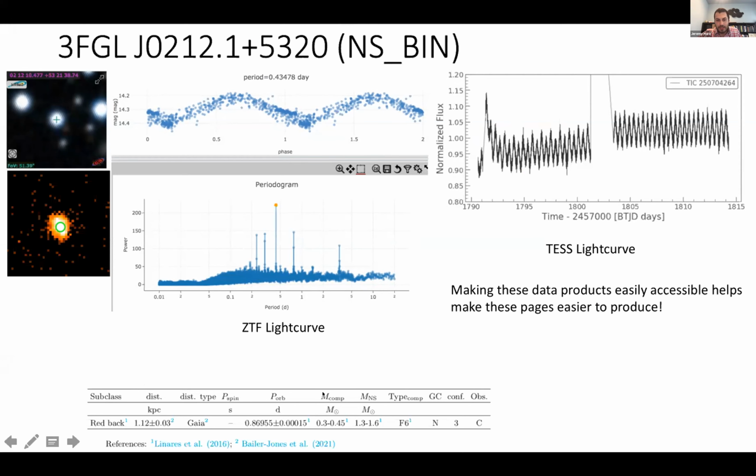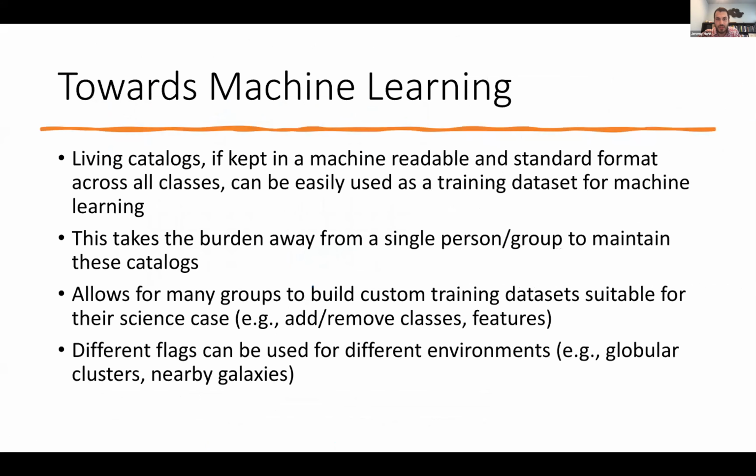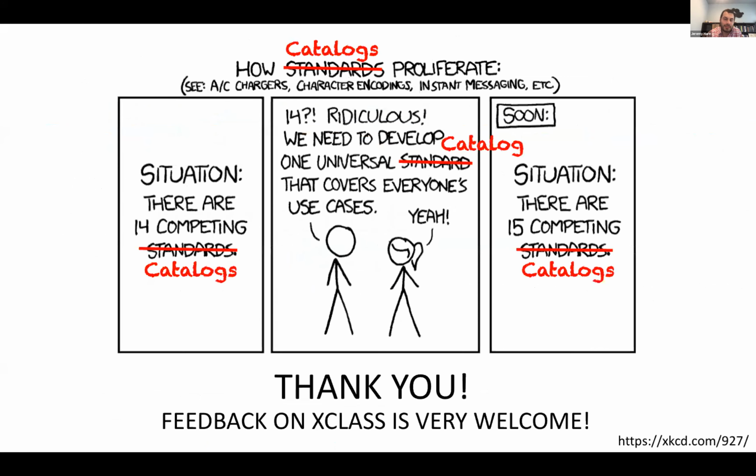Spin and orbital periods, companion masses, for instance, in this case a neutron star mass, the companion type. And then you can also track the references very easily in this way. This would help, for instance, if you need to do a literature search for some source, it would all be contained in these web pages and you could easily access those. I think that was the only thing I went through very quickly.